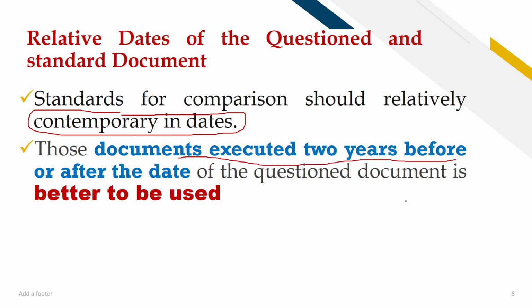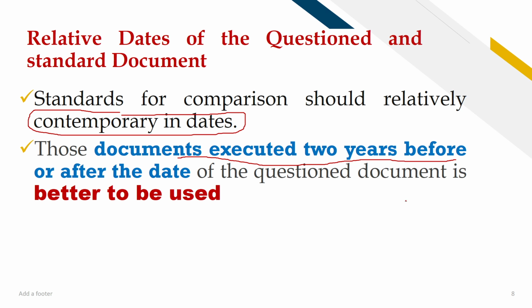Those documents which are executed 2 years before or after the date of the question document is better to be used. Although, sinabi natin na ang contemporary document ay 5 years before and after the preparation of the question document.